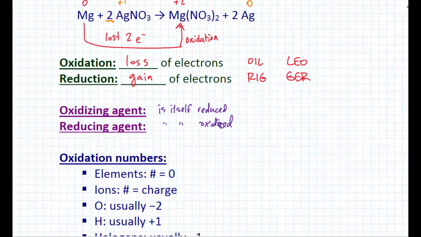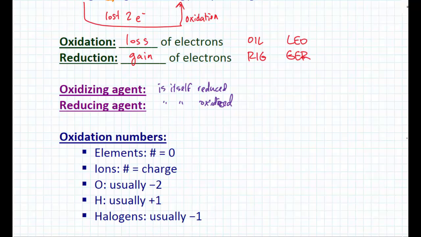All right. And then here's just a review of oxidation numbers. We said pure elements that are neutral are 0. Ions are equal to their charge. O is usually -2. H is usually +1. Halogens are usually -1. Okay? So it's pretty much the same thing that we do with charges. From those basic rules, you can pretty much figure out any oxidation number just by arithmetic. Okay? When is H not +1?